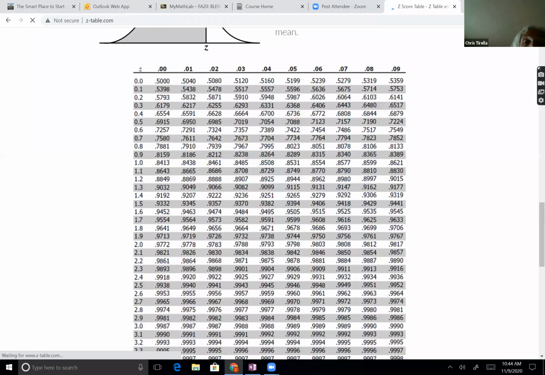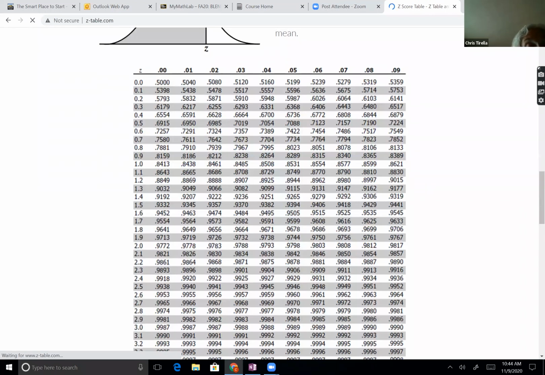And please notice that you would use this table for any z-score rounded to the nearest hundredth. So for example, on this table, if I had a z-score of 1.73, I'd go to the 1.7, then I'd go to the 0.03.